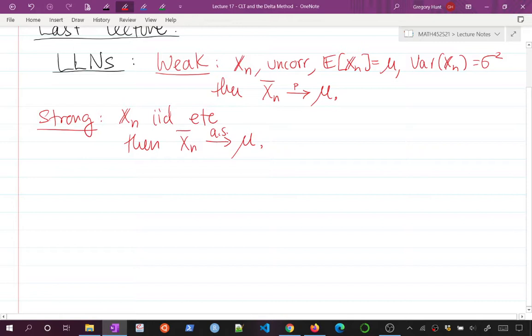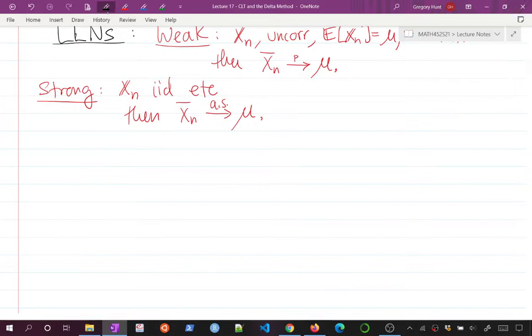So really, one way you can view the discussion of the law of large numbers is as a conversation about sums of random variables.